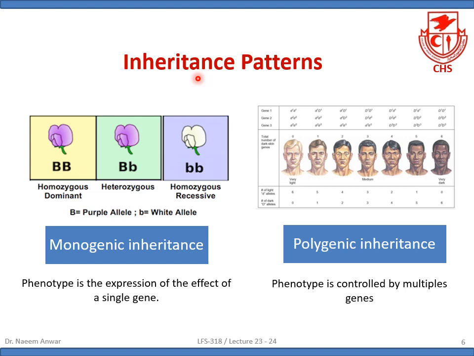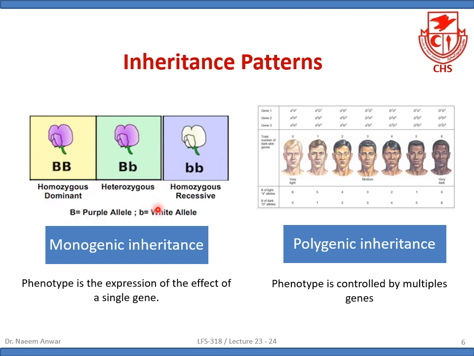Let's say we have what's called a genotype, which is the genetic makeup, the chromosomes or the genes or the alleles that make the genetic code, and the phenotype is the appearance or the final product of that gene. So the phenotype over here will be expressed from a single gene.